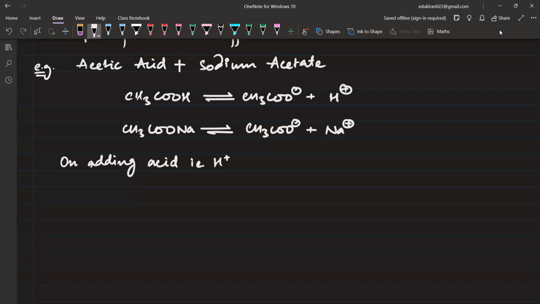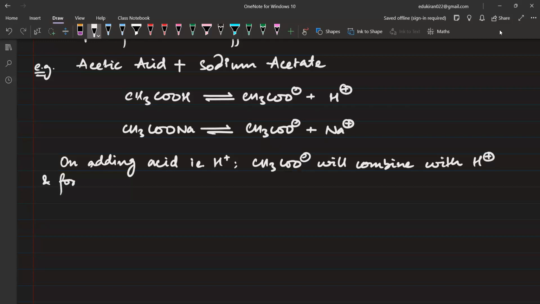On adding H positive, CH3COO negative will combine with H positive and form undissociated acetic acid.